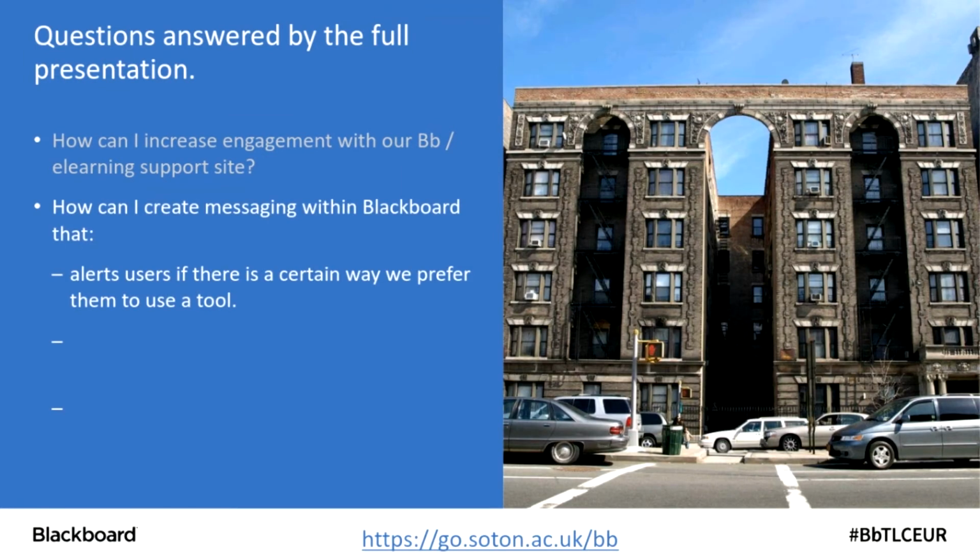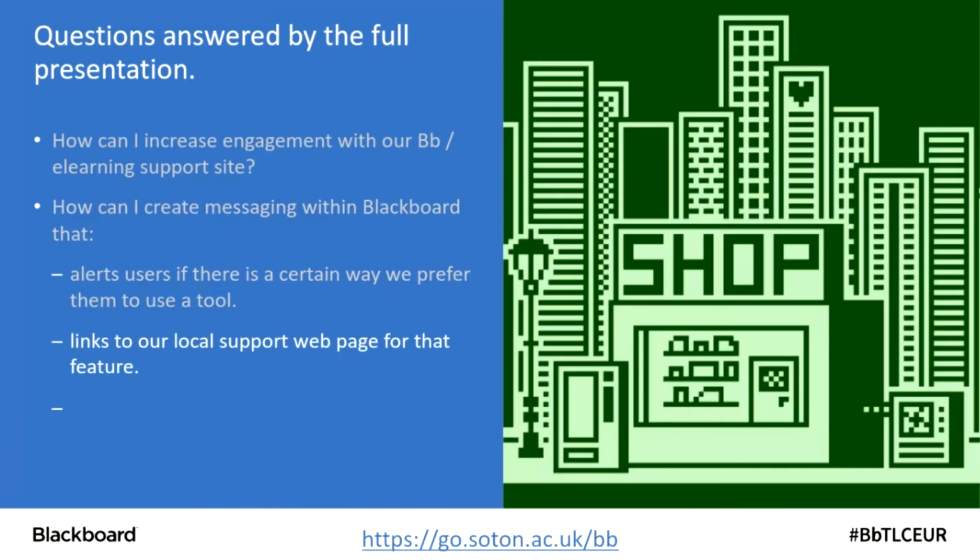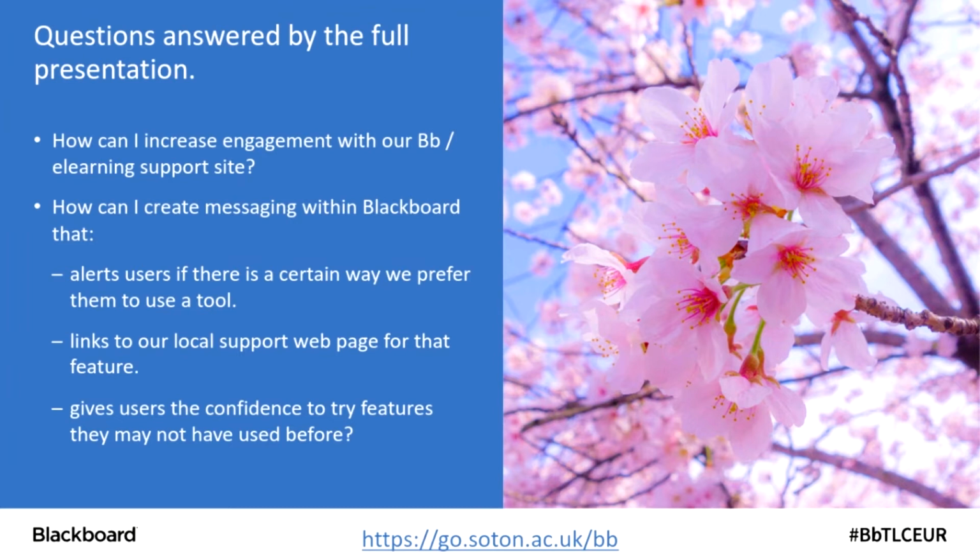How can we create messaging within Blackboard that, for example, alerts users if there's a certain way we prefer them to use a tool? And that when they're looking at a feature, they're able to access our local support pages about that feature. That will give them the confidence to try out features that they haven't used before, because we've got that better Blackboard help right there within the feature that they're using.